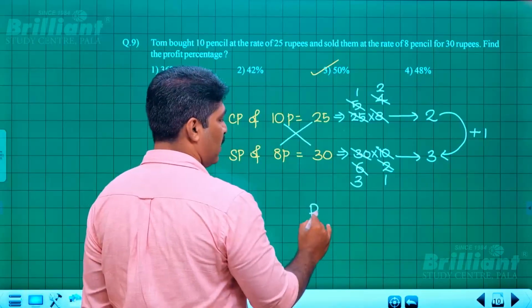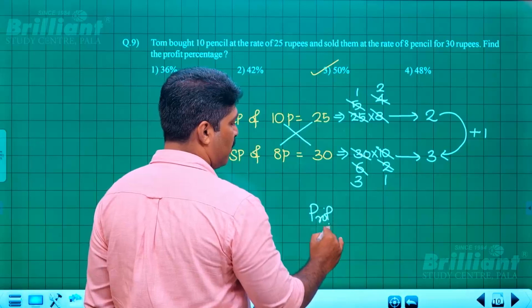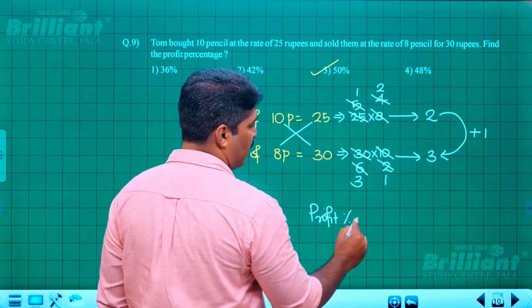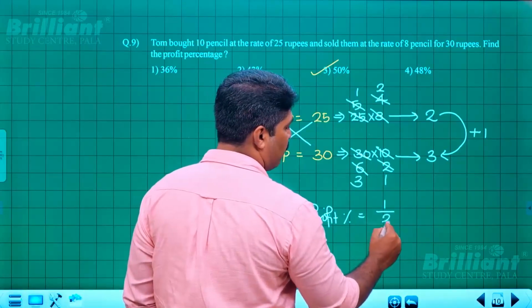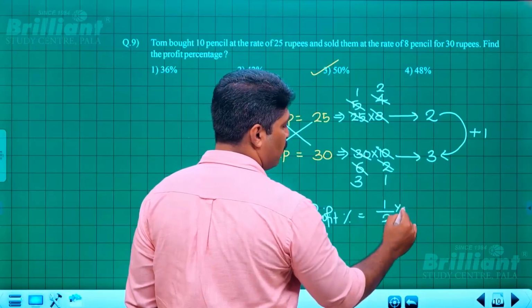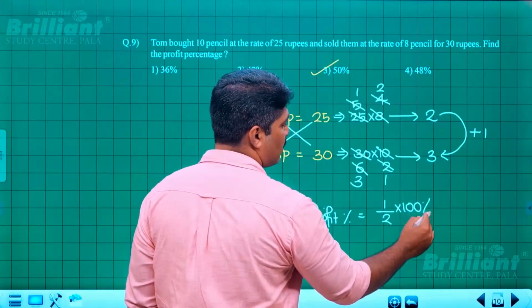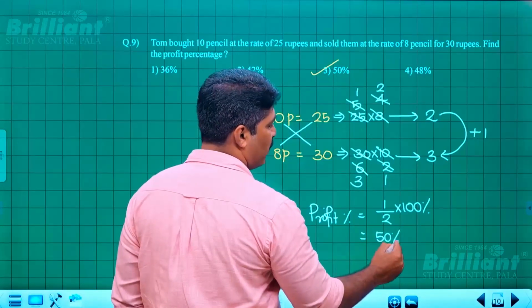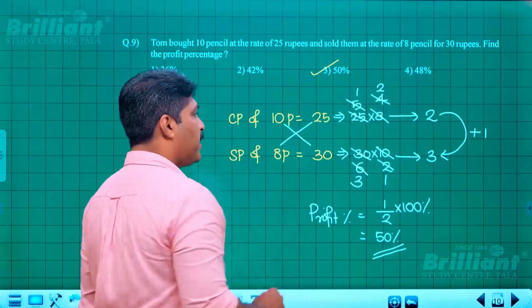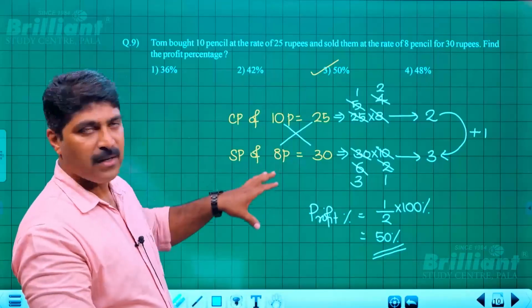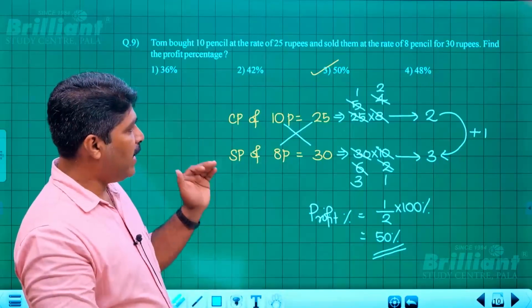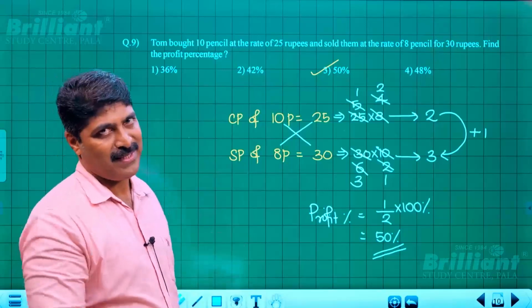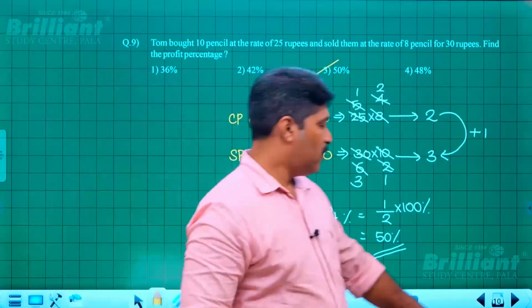So we can easily find out the profit percentage here. This 1 is what percentage of 2, because the cost price is expressed as 2. Therefore, this is equal to 50%. So understand this method of cross multiplication for finding the answer to similar types of questions. Okay, then move to the next question.